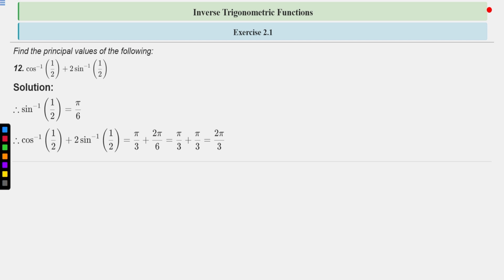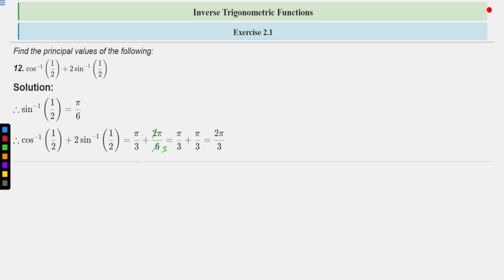Therefore, cos inverse 1 by 2 plus 2 sin inverse 1 by 2 will be pi by 3 plus 2 times pi by 6. So 2 and 6 will be cancelled out to 3. So you'll get the answer as pi by 3 plus pi by 3, which is equal to 2 pi by 3, right? So the correct answer will be 2 pi by 3.